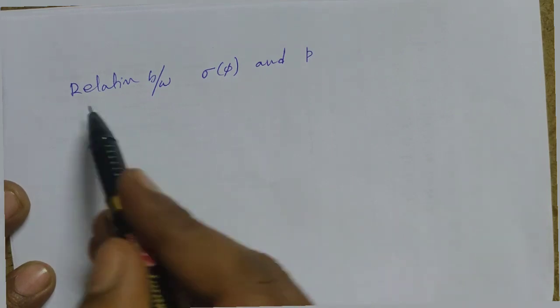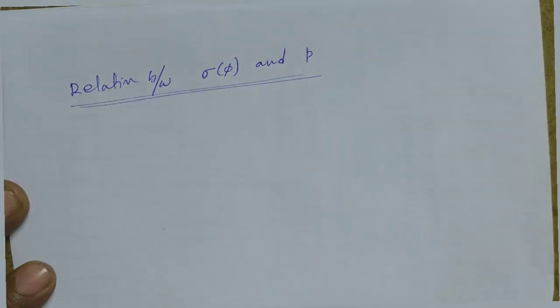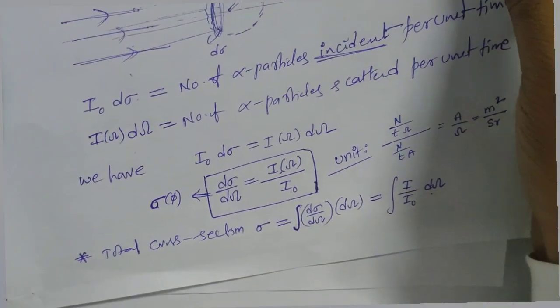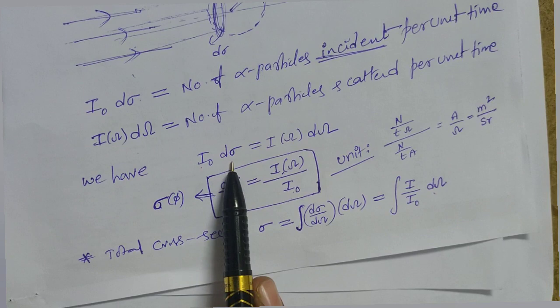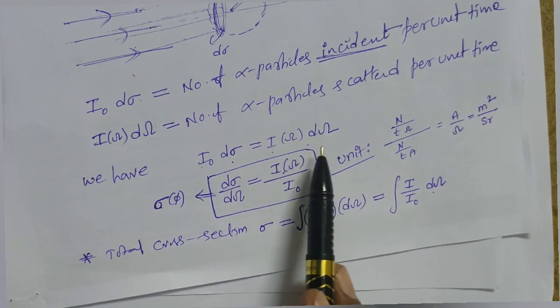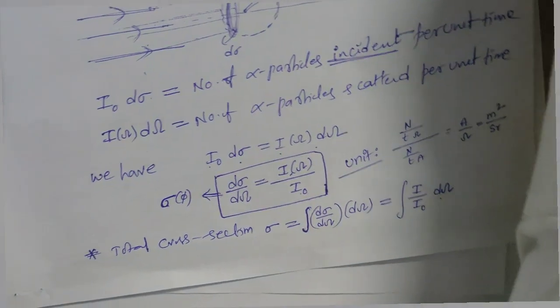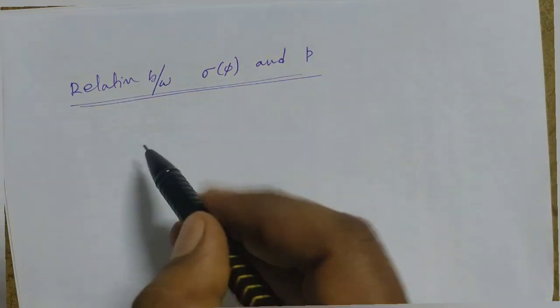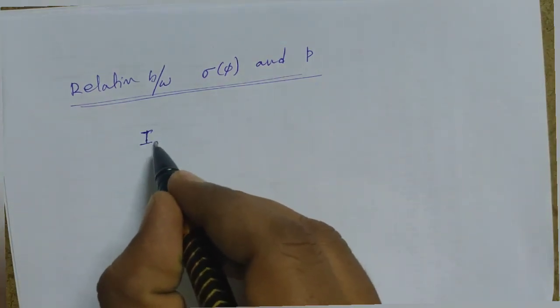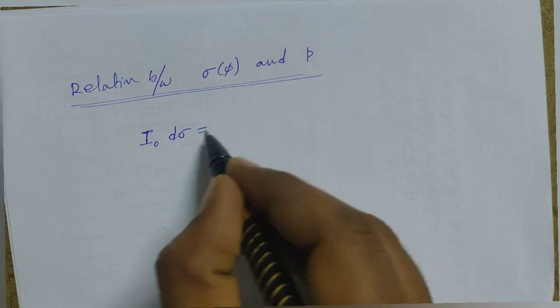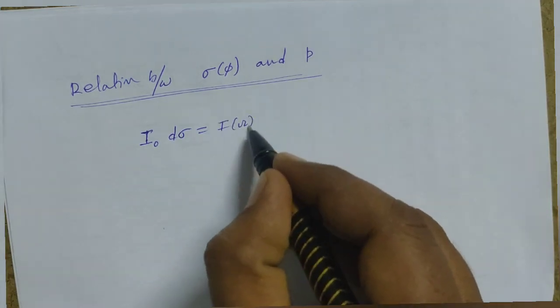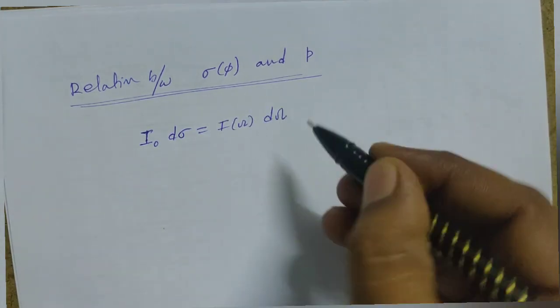For that purpose, just now we have written that I naught into dσ is equal to I(Ω) into dΩ.